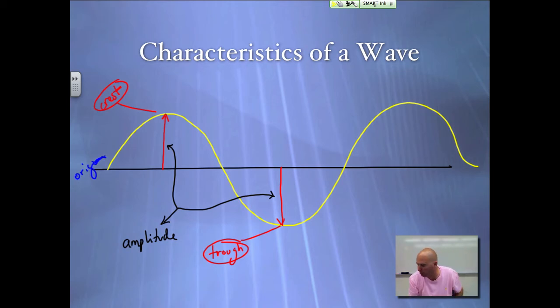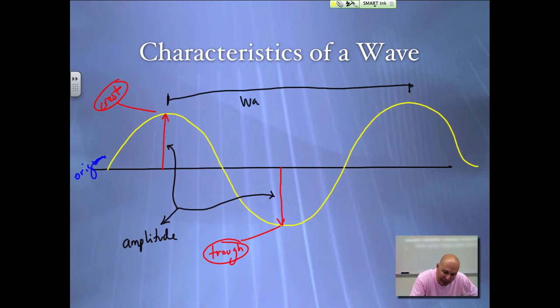Additionally, we would recognize that we could have something that has the same amplitude but a different wavelength.